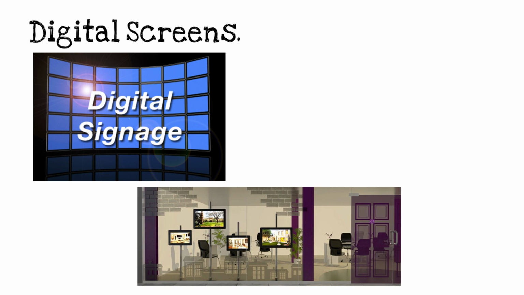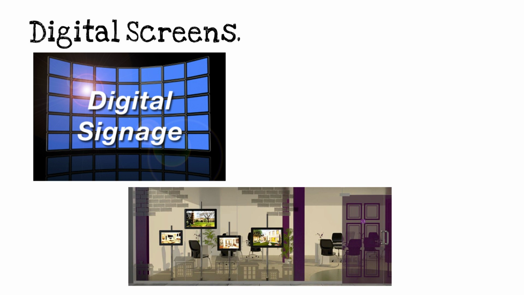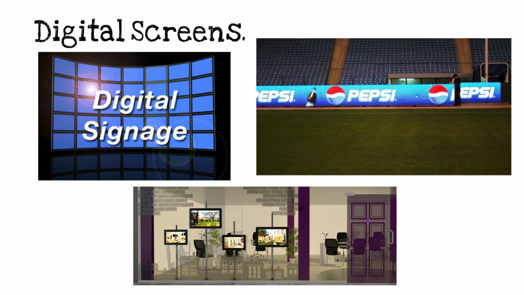There may be interactive screens that are available, and you will see these, as I mentioned earlier, in estate agents telling you about properties that are for sale. There are digital screens which are of the billboard size, or you might see them around a sports event, around the field where the event is taking place.